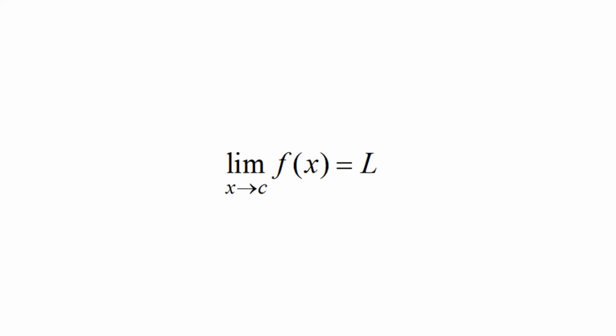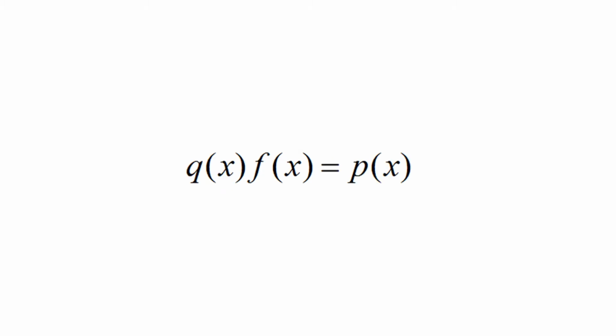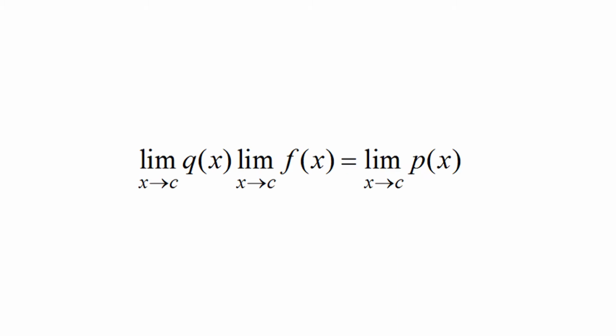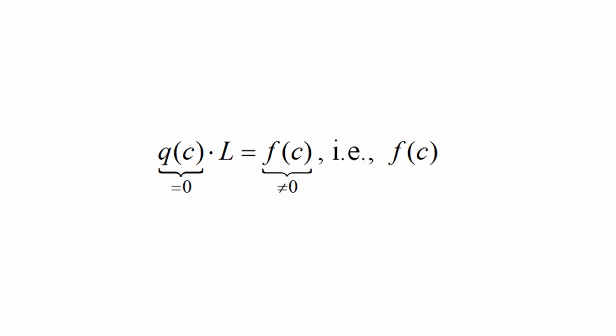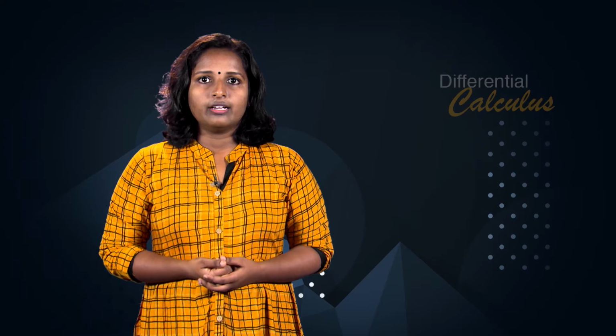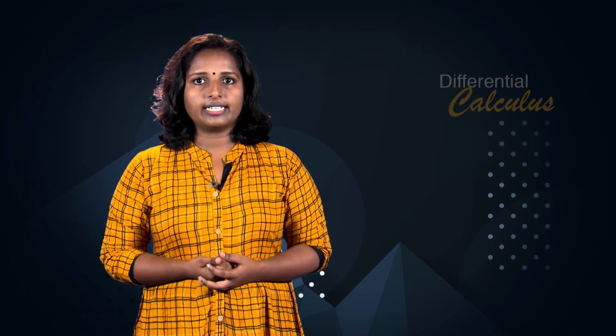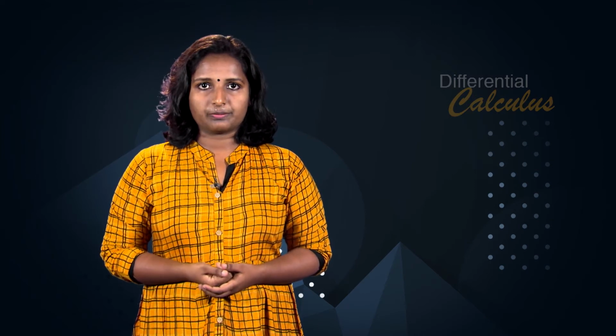For if the limit of f of x as x approaches c is L, then from q of x into f of x equals p of x, we have the limit of q of x as x approaches c into the limit of f of x as x approaches c is the limit of p of x as x approaches c, which gives q of c into L equal to p of c. That is, p of c is 0 as well as non-zero, which is a contradiction. Hence, in case 1 the limit does not exist.